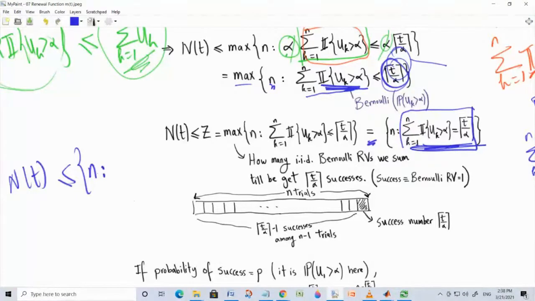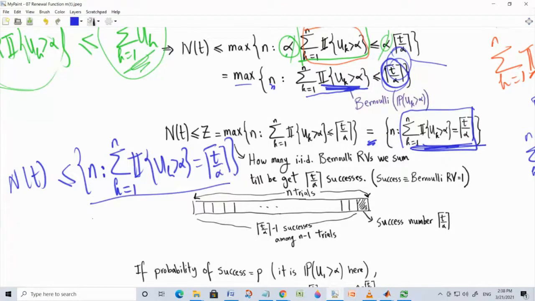What is N? It's the N that satisfies this: the summation for k from 1 to N of the indicator of U_k greater than alpha is equal to the ceiling of t over alpha. And this random variable I will call big Z. So what is big Z?